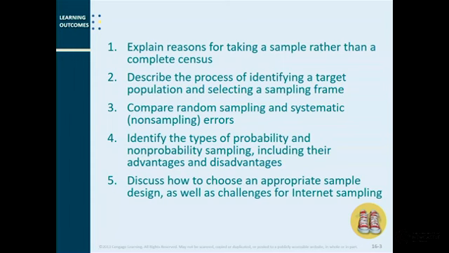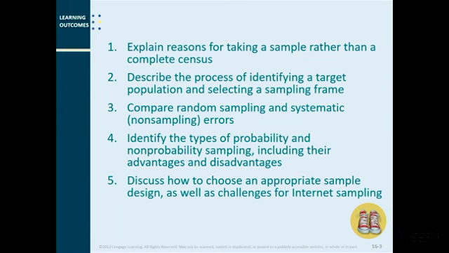We will be talking about different types of sampling procedures: probability sampling and non-probability sampling. We will discuss a little bit of the advantages and disadvantages of these sampling procedures. And last of all, we will discuss the factors we should consider while we choose a particular sampling design.